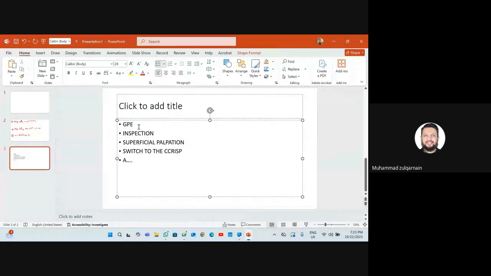Ask the examiner about SpO2 and see the airway completely. Ask the patient to open the mouth and see if there is any obstruction. See the nostrils as well. Then B for breathing. So inspection you have already done.